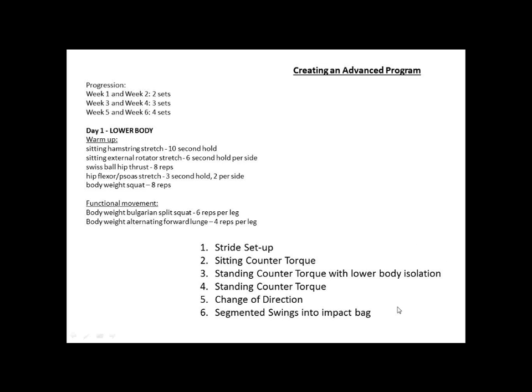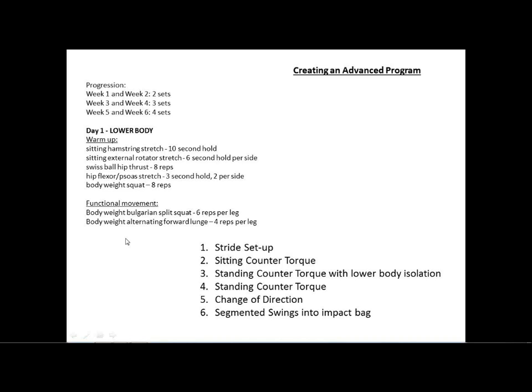If we look at what you can do now to advance a program, you'll see I have the same PST sequence 1 through 6, right? But to start the process, with the same basic rep set type progression, I took that and added in a dynamic warm-up.